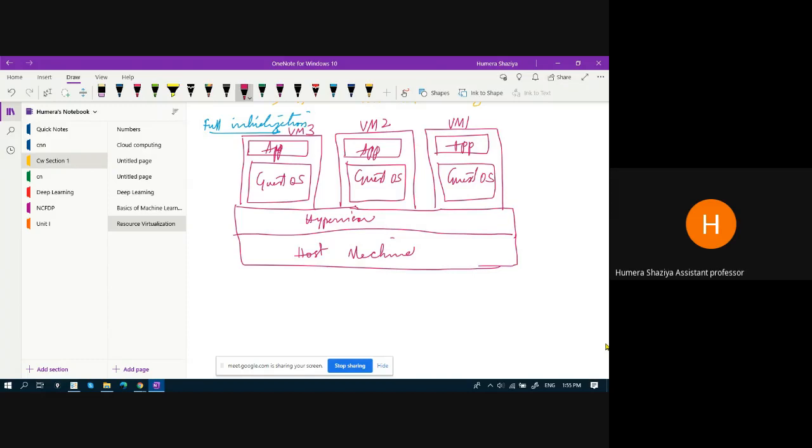Okay, this is full virtualization. You can observe here the guest operating system directly runs over the hypervisor. This is known as full virtualization.